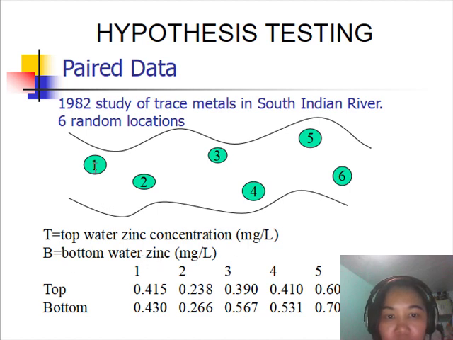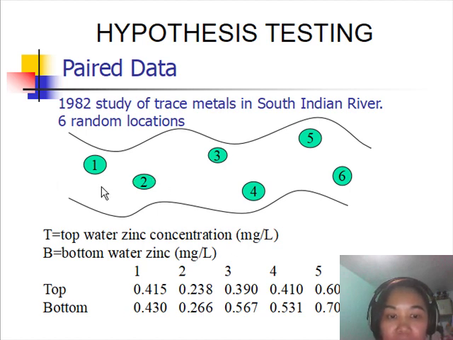For each location, the researcher determines the zinc concentration on top of the river and at the bottom of the river. So in all, we have 6 sample locations, and the data is all about the zinc concentration of the river.